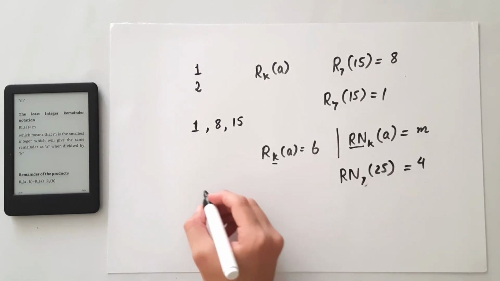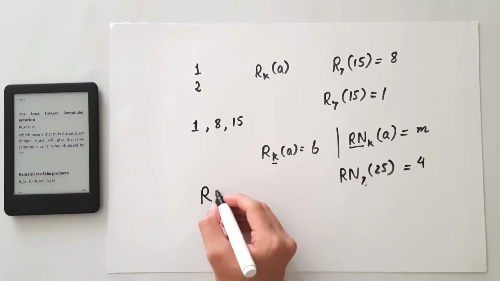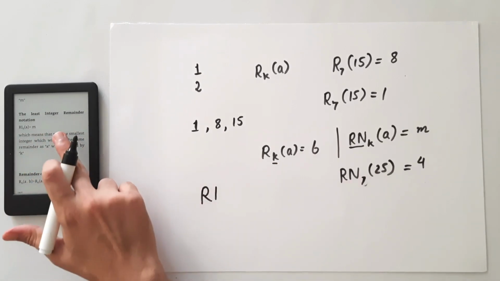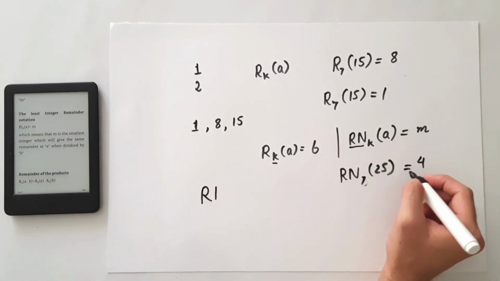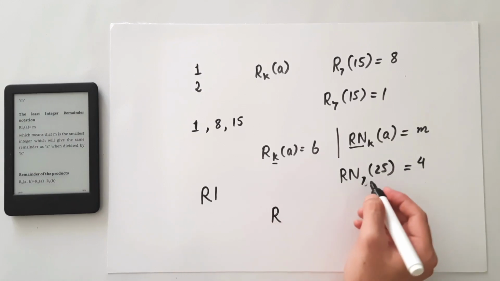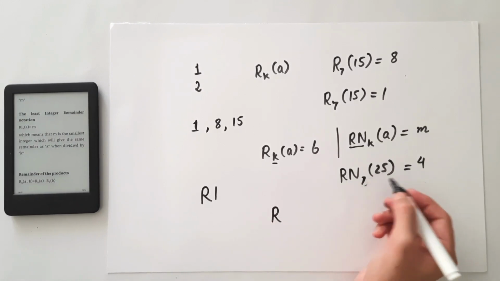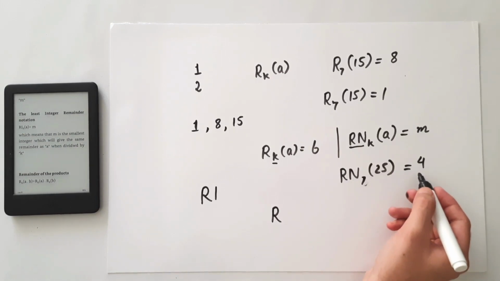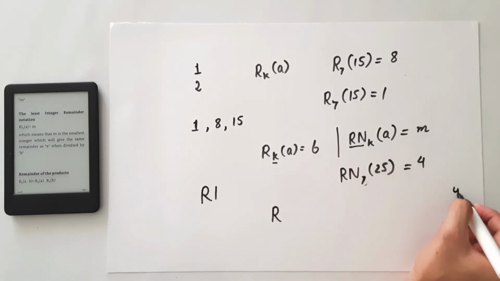Now one more notation is the smallest, the least integer remainder. When we divide 25 by 7, the remainder which we get is 4. But the same remainder, this 4, we can also write, if we subtract 7 from 4, as minus 3.